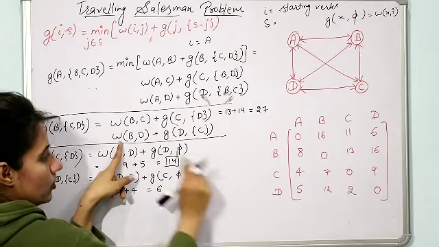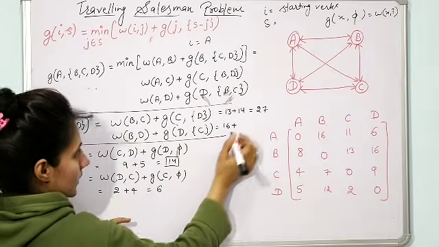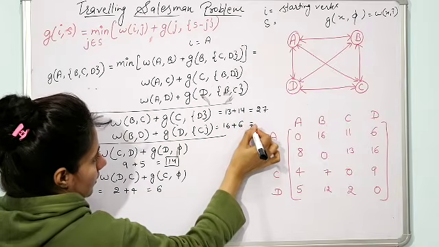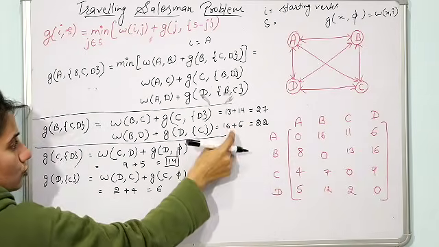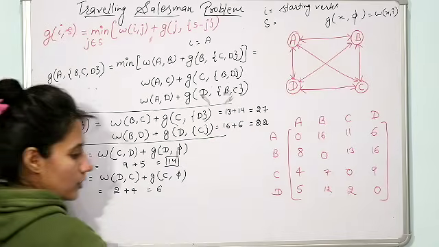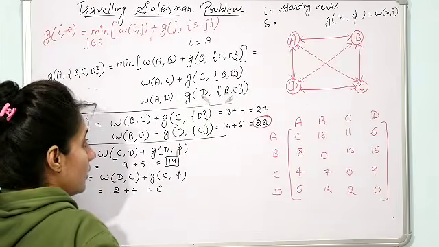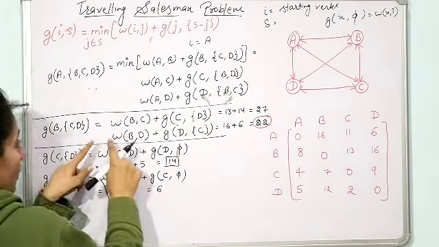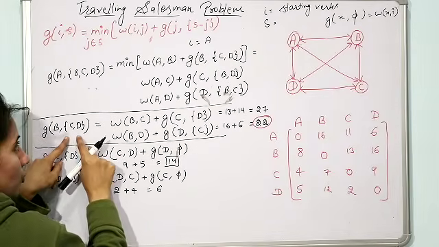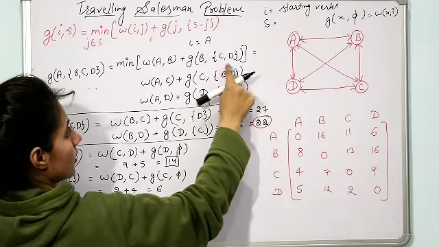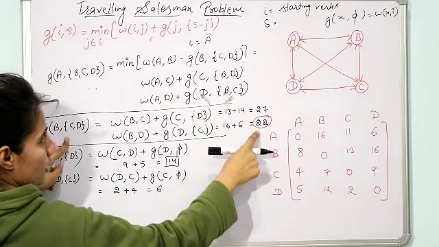Here we have weight of B to D, that is 16, plus the value of this, 6, and the value would be 22. Now out of these two, which one is minimum? 22. Then we will take 22. Fine. Now we have already derived the value of this function, so we can put this value here only. The value of this cost function is 22. We have already derived this value.